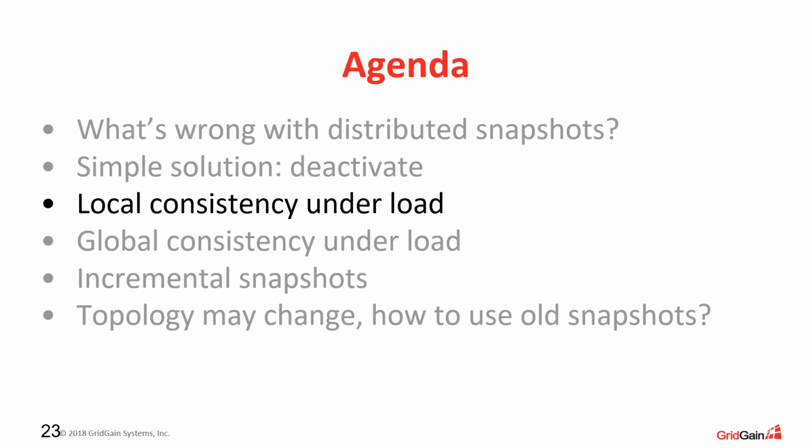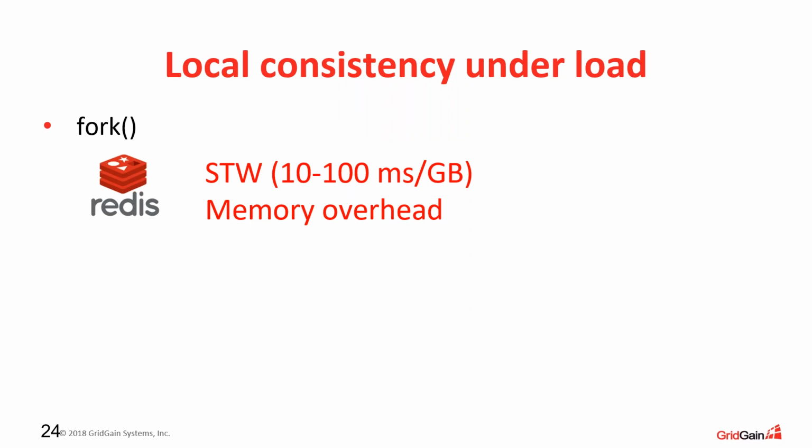Well, let's discuss how to achieve snapshot creation under load without system stop and without downtime. Firstly, we need to establish local consistency. Let's discuss how modern distributed systems or databases achieve local consistency in a checkpoint or in a snapshot.